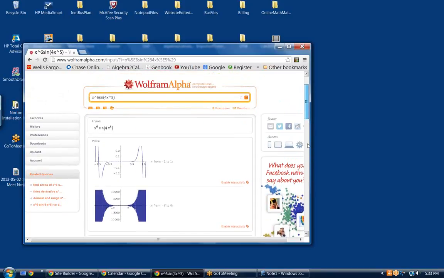So obviously these two areas are going to cancel out. We can see by this graph that it's symmetrical with respect to the origin. So by whatever the problem is here, going from 0 to 4 and multiplying it by 2 would give you the absolute value of the area.